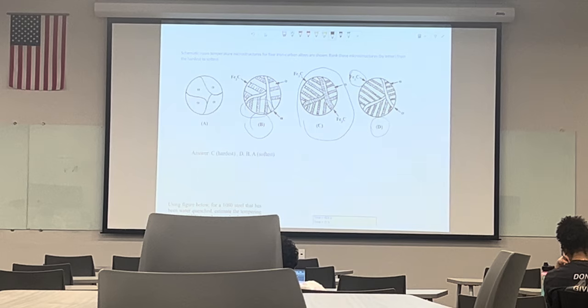So you have a better distribution of alpha and cementite, Fe3C. That distribution makes it harder. So that's going to be our ranking. So this is the hardest, then we have D, then we have E, and A is going to be the softest.